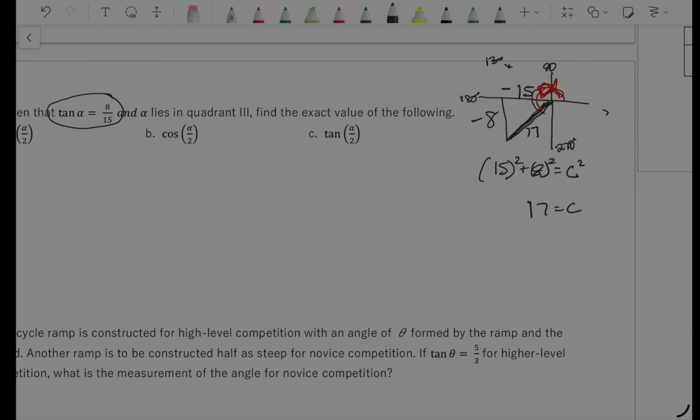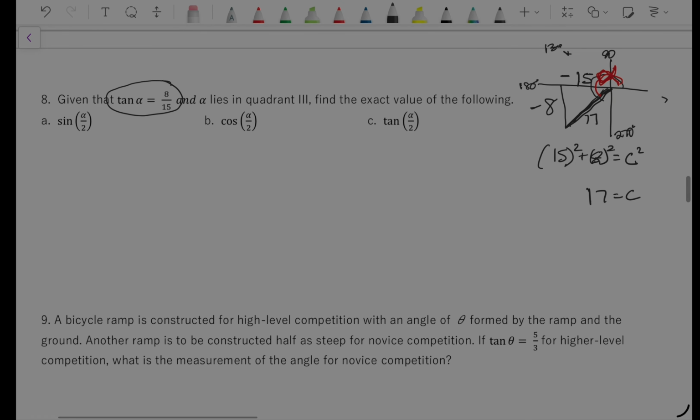So that means alpha divided by 2 is somewhere between 90 and 135. So I know the sine is going to be positive. The cosine will be negative because it's in quadrant 2, and the tangent's going to be negative because I'm in quadrant 2. So I already know the sign that I should get for my answers.